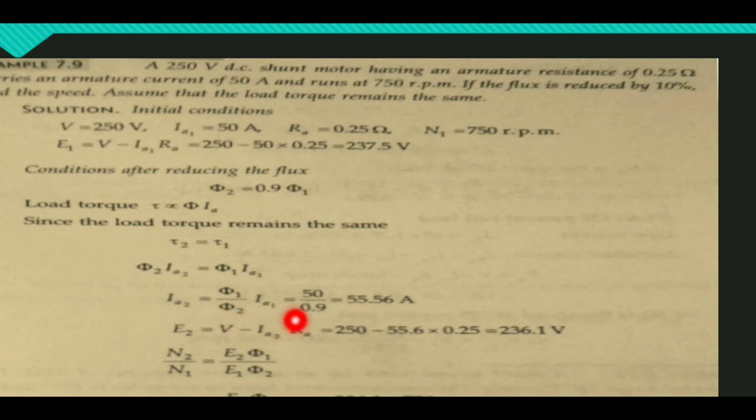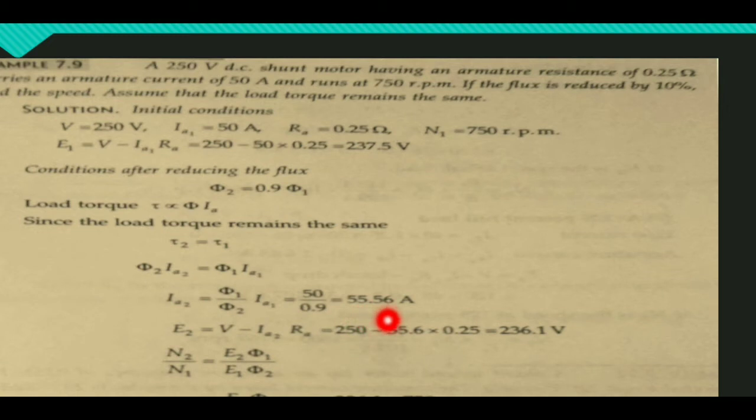We know the relation phi2 equals 0.9 into phi1, and Ia1 equals 50 ampere. So 50 by 0.9, because this ratio is 1 by 0.9, equals 55.56 ampere.